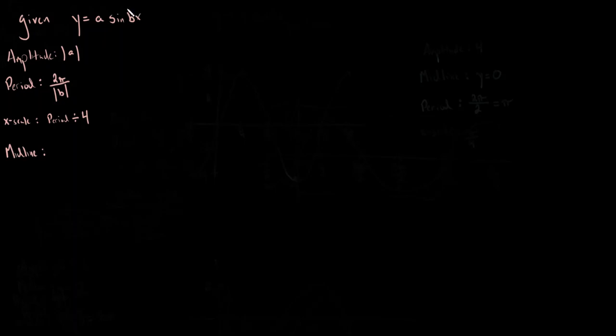And the way we do that, I'm going to put this in parentheses, is we add some number outside of the sine function. Notice how a is multiplying the sine function. That's our amplitude. When we add or subtract some value outside of the sine function, that actually shifts the entire graph up or down, and that gets us our midline, which is y equals k, whatever that value is.